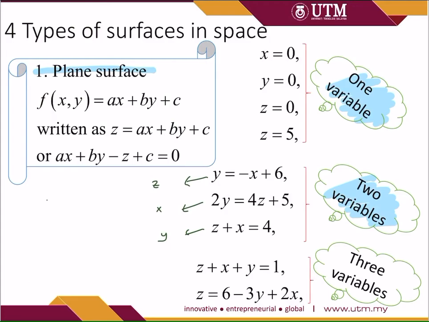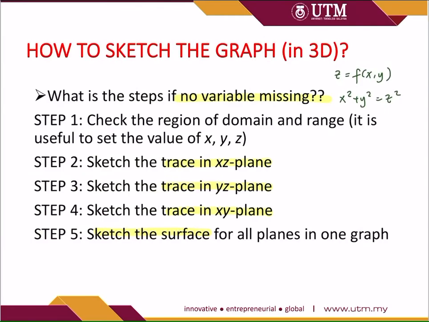Basically trace is a line. For two variable we will have one trace, but for three variable we have three trace. Why three trace? Because we need to sketch these three traces, and then we need to combine.